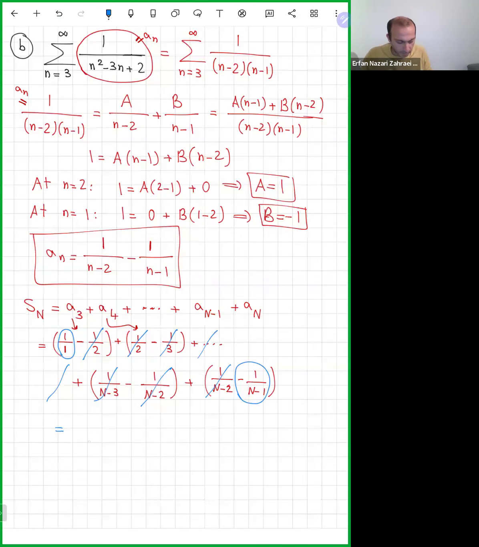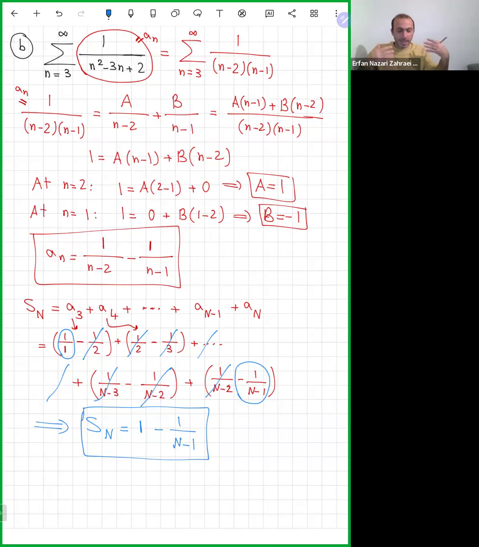Okay, we computed S_n, so the conclusion is that S_n is this, which is 1 minus this. This is an explicit computation of the partial sum. Now, by definition, an infinite series or an infinite sum is the limit of its partial sums. But its partial sum is this.